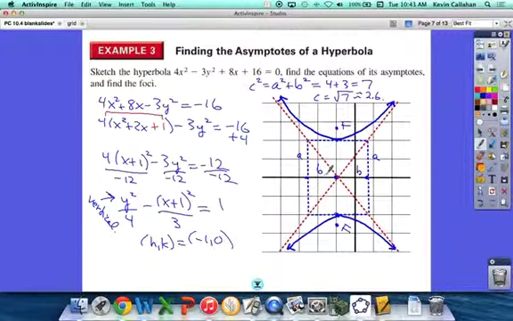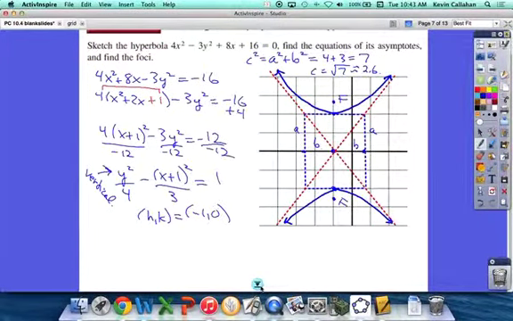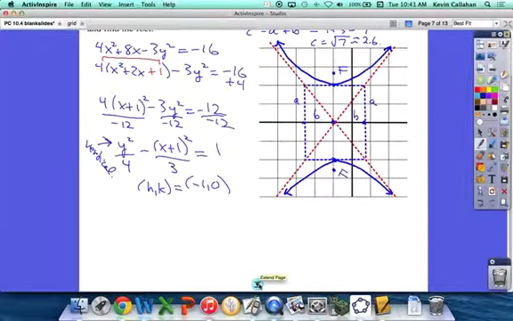If I was going to write this like we did on the last slide, we would say y equals plus or minus. Instead of saying B over A, we say A over B. And there's an x there. But now the center is not at the origin, so you're going to have to subtract the vertex.